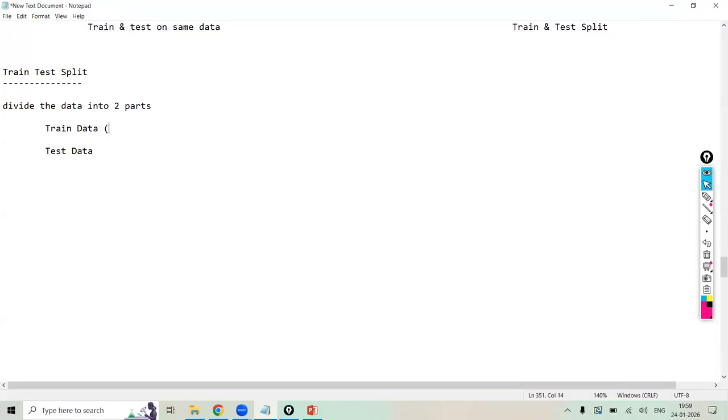How much percent of data? 70% to 80% is the maximum. Minimum 70, maximum 80. That is the train data.